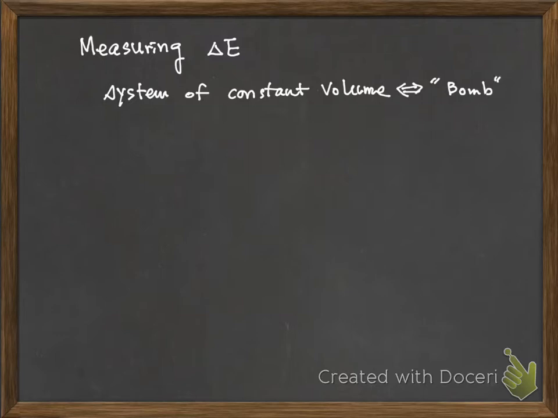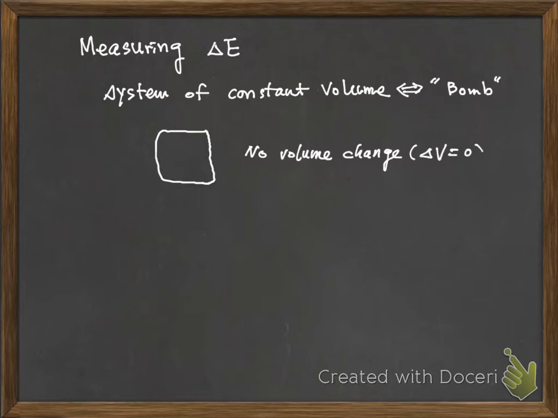What it means is you have a system with a fixed volume, so there's no volume change. So delta V is inherently zero.